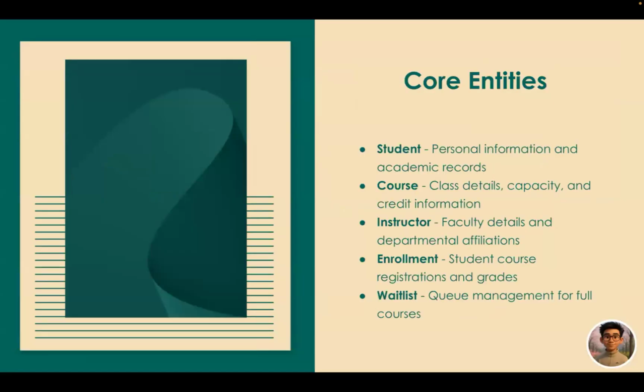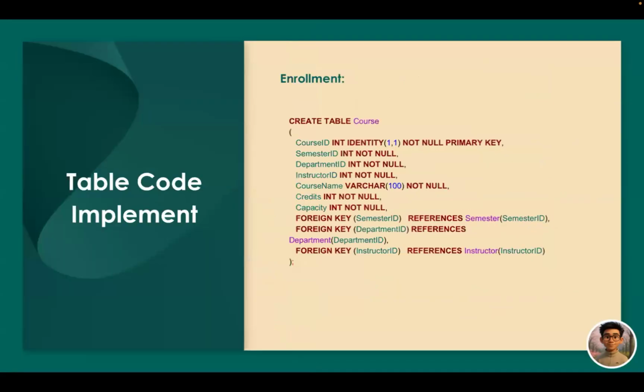Let's talk about the heart of our system, the five main entities that make everything work: student, course, instructor, enrollment, and waitlist. Next slide. First up is the enrollment table. This is really the cornerstone of our entire system. It's what connects the students with their courses, which is what this whole project is about, right?